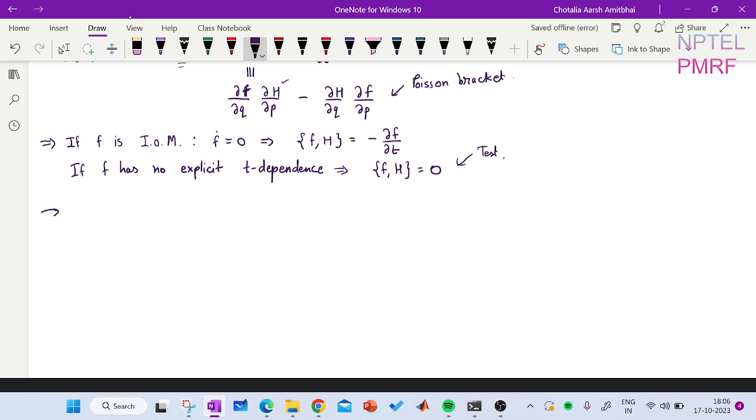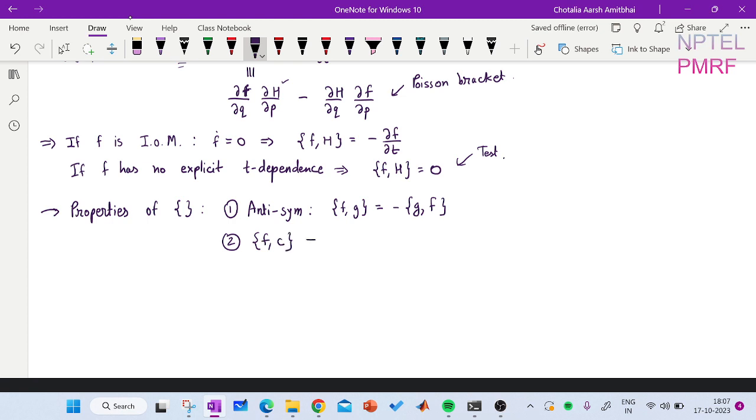Then the next thing was properties of Poisson brackets. The first was antisymmetry, very easy to see. If you switch the order, you pick up a negative sign. The second one was if you take the Poisson bracket of any function with a constant function, this is equal to 0. Why? Because we know that the derivative of a constant function is 0.